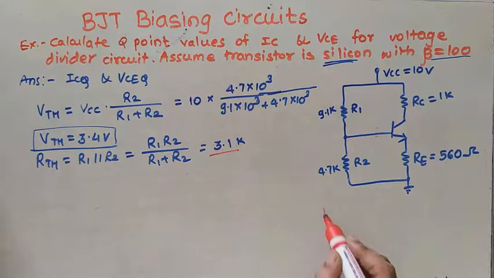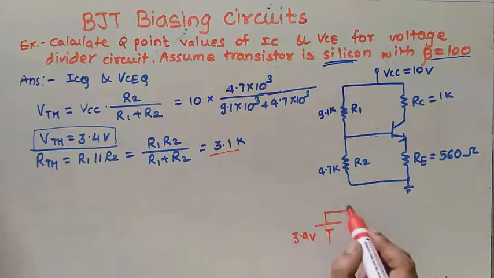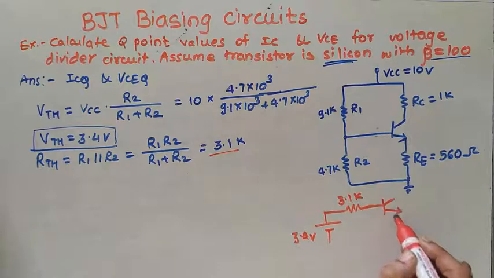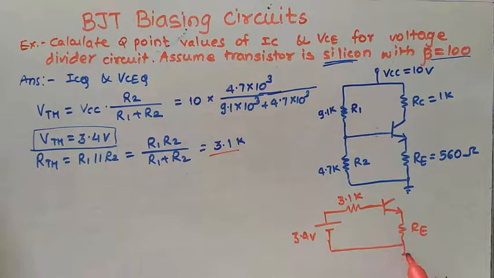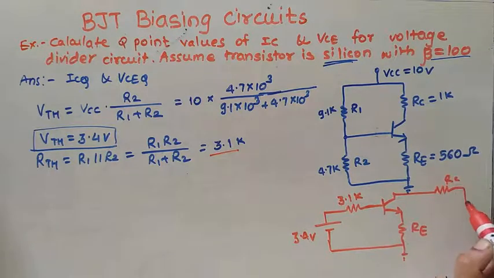It is VTH, which is 3.4 volt, RTH 3.1 K, this is our transistor, here our RE is there, at output we have RC, and this is our supply VCC. So this is our Thevenin's equivalent circuit.